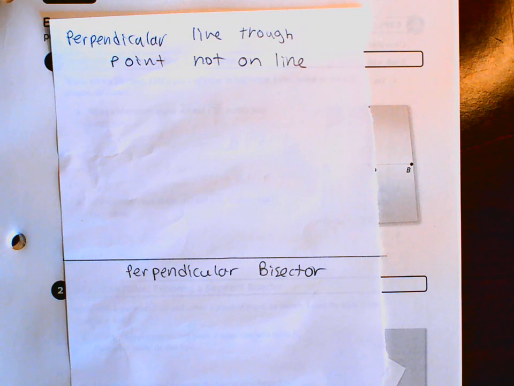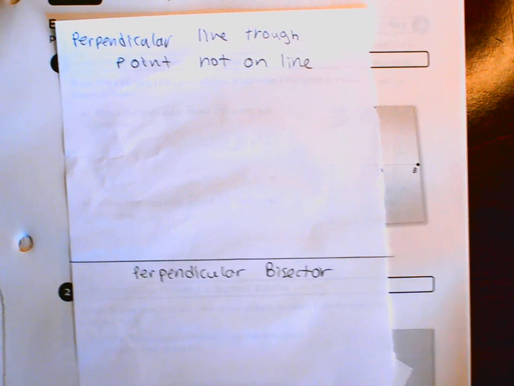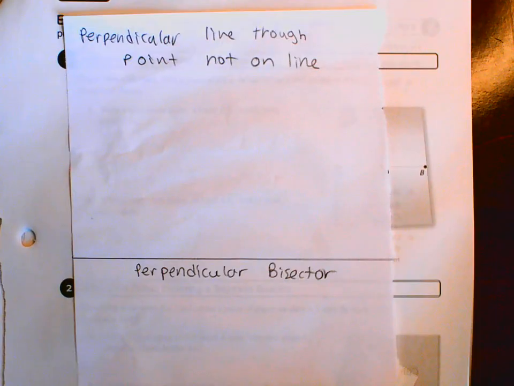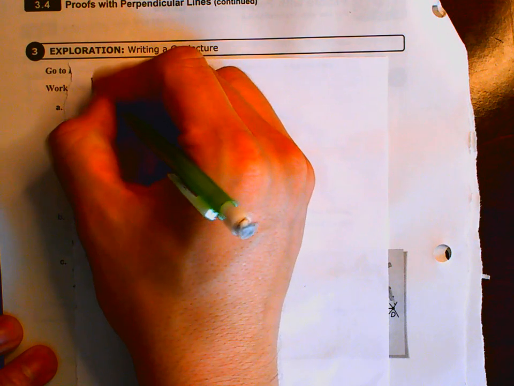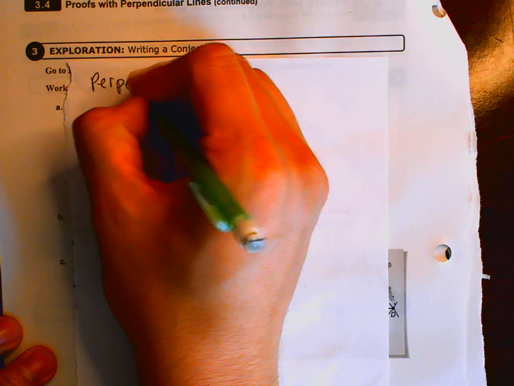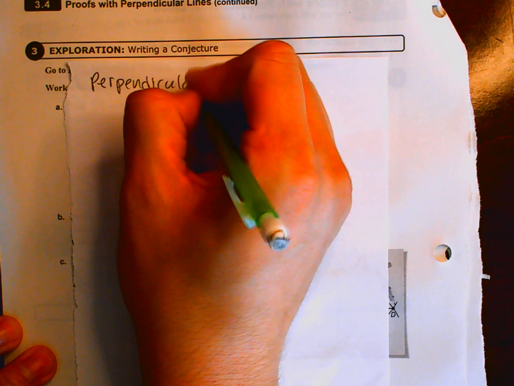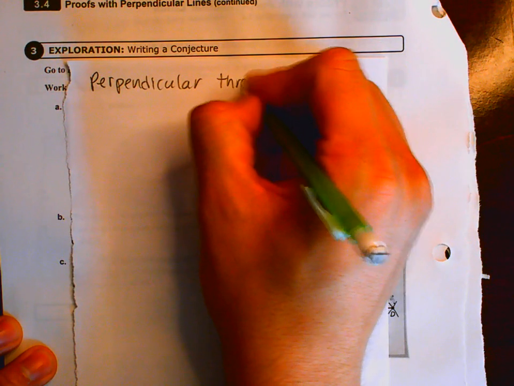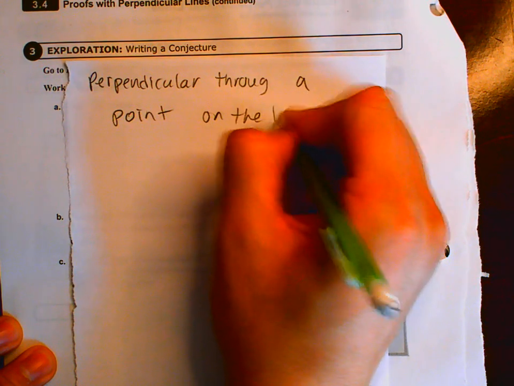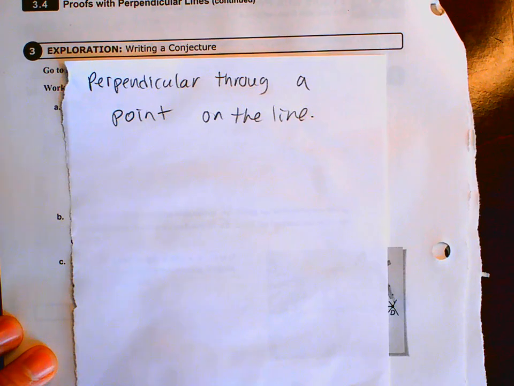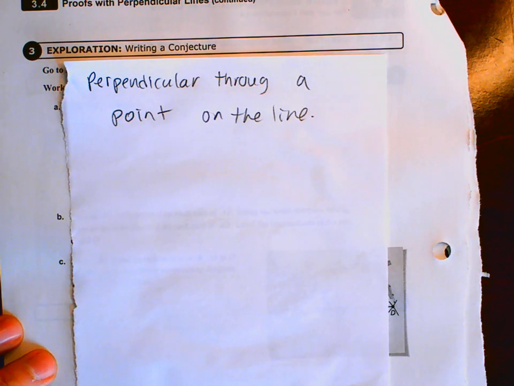We are going to have the perpendicular bisector, and there is actually a third one that we're going to do. If you quickly turn to the next page where you glued the second one, we are going to be doing the construction for the perpendicular through a point on the line.